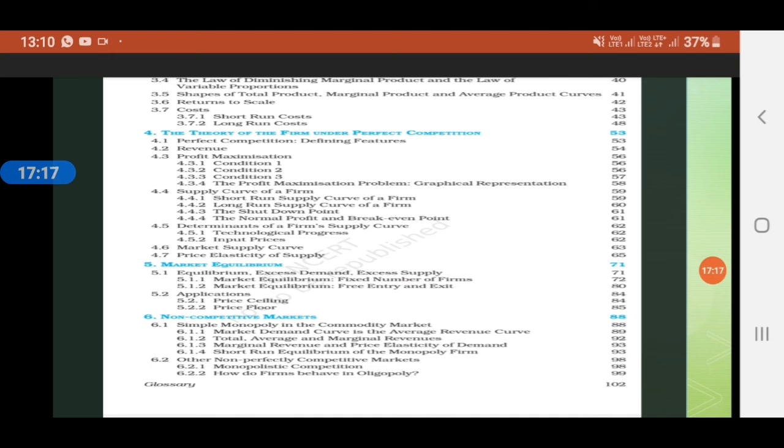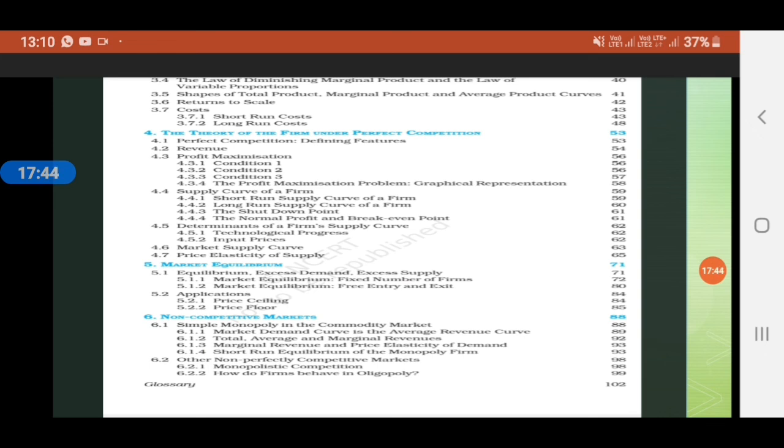Come to the last and sixth chapter, that is non-competitive markets. Here we see simple monopoly in the commodity market, which is one of the types of non-competitive markets, that is the monopoly market. So here we learn the meaning of the monopoly market and the features of the monopoly market. Market demand curve is the average revenue curve.